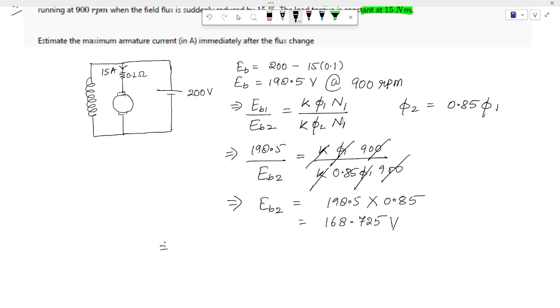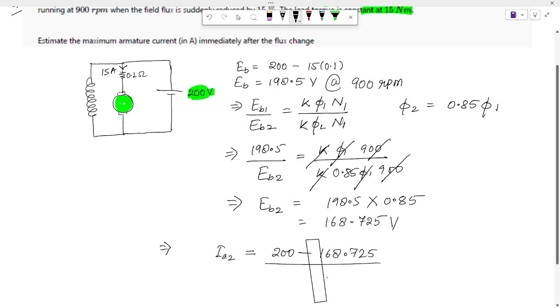Now they have asked to estimate the maximum armature current immediately after flux change. You know the supply voltage is 200, and just now you have found the back EMF. So the armature current at this time, Ia2, is 200 minus back EMF, 168.725, upon Ra, that is 0.1.